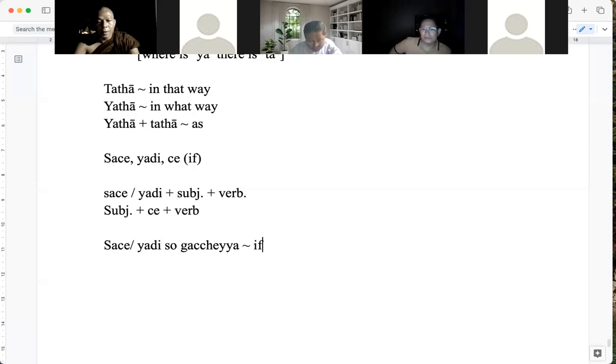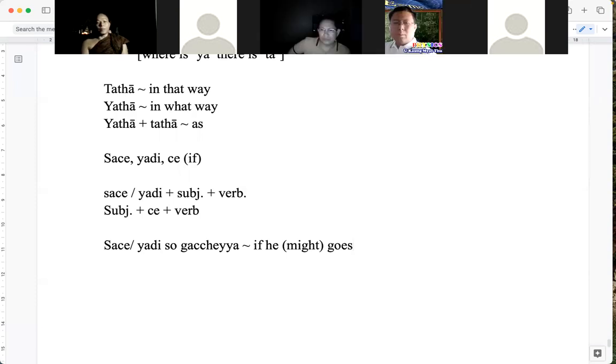That means if he goes. Maybe in English we would say might, but in Pali it is with the present verb. So if he goes, in this way.